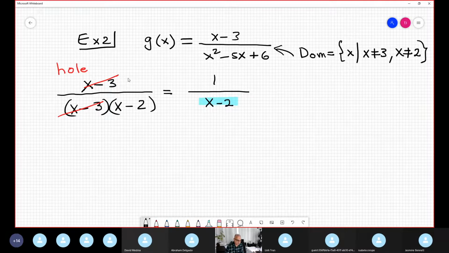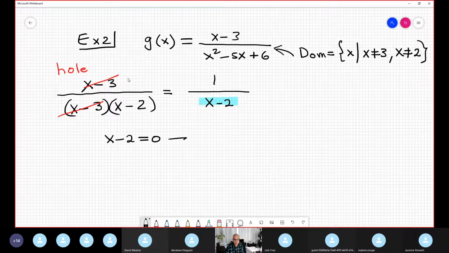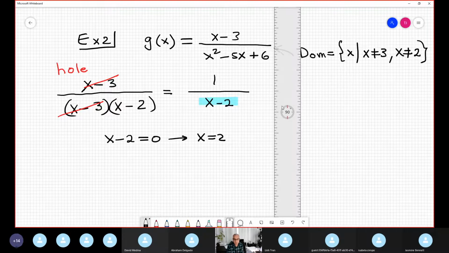Okay, I understand. Now, for example, you take the expression in the denominator and force it to be equal to 0. It's obvious, x equals 2. So I know x equals 2. Well, this is the y-axis. Let me take advantage.